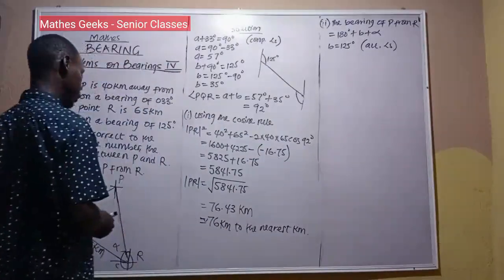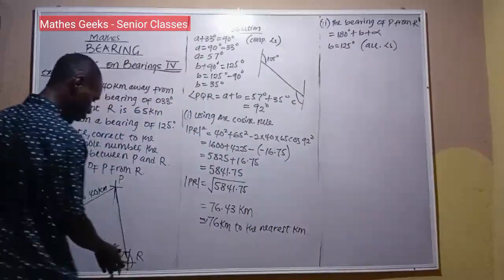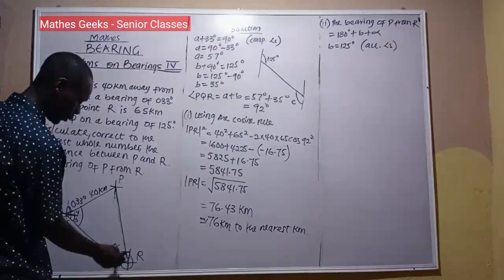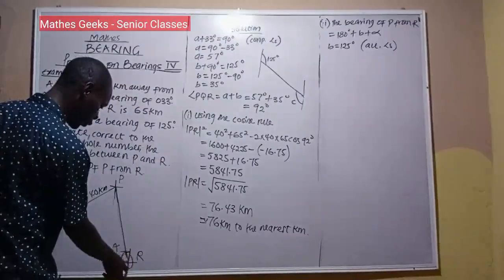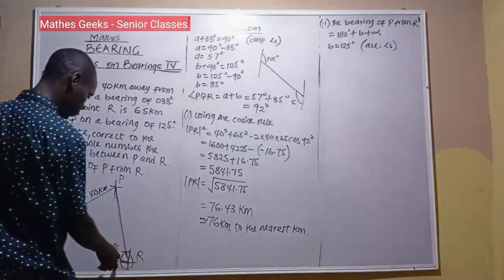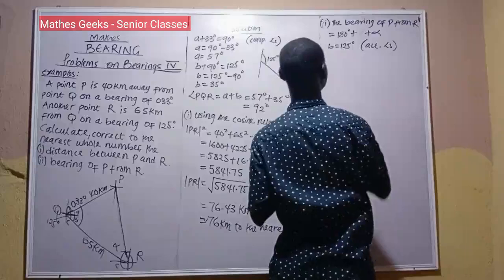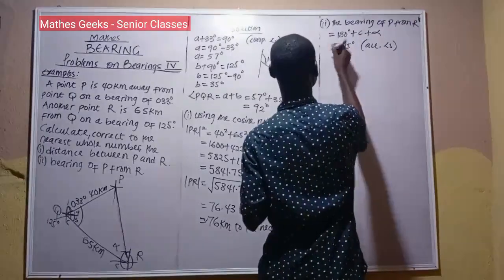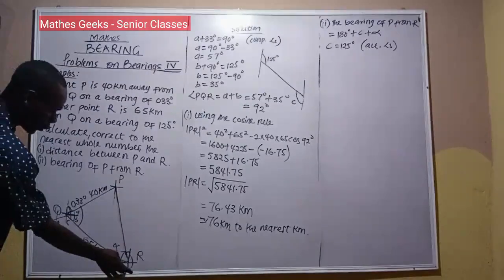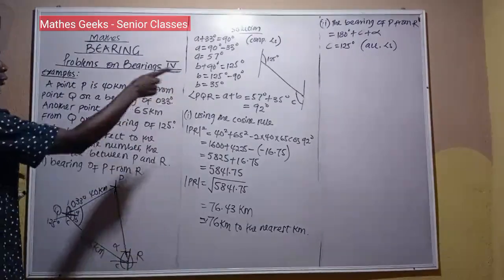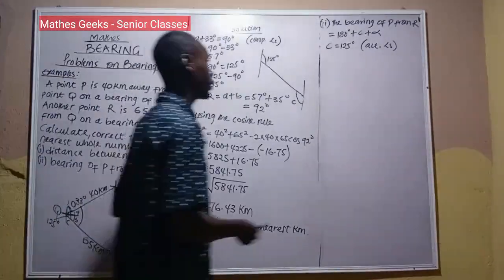Okay, so that's the alternate angle. So this is the whole of C, and this is the whole of C here. So C is from the south to this line, which is 125 degrees. Then alpha, so let's determine alpha using the sine rule.